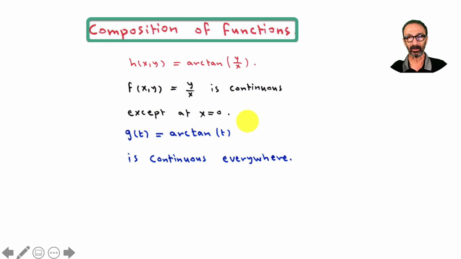g of t, if you want to call it g of t, is arctan t. It's continuous everywhere. The tan inverse, tan looks up and goes sideways as inverse. So it's continuous everywhere.